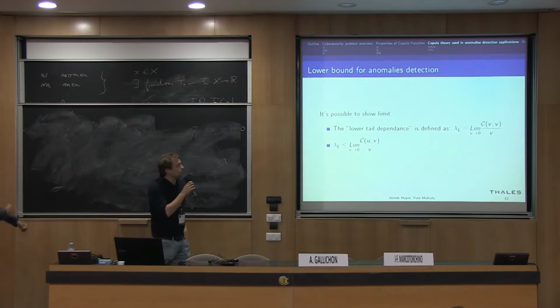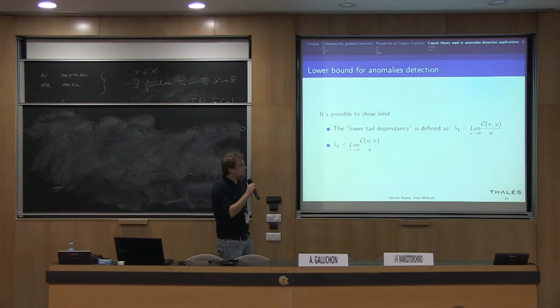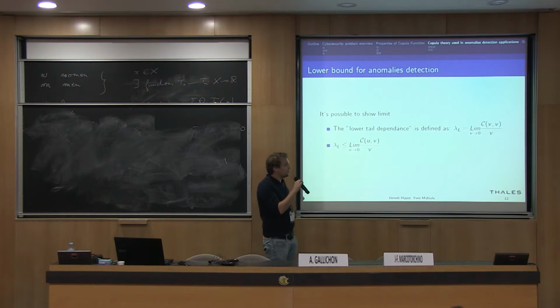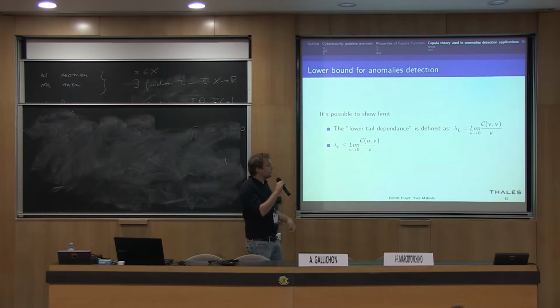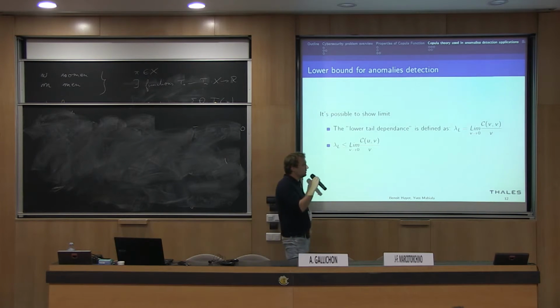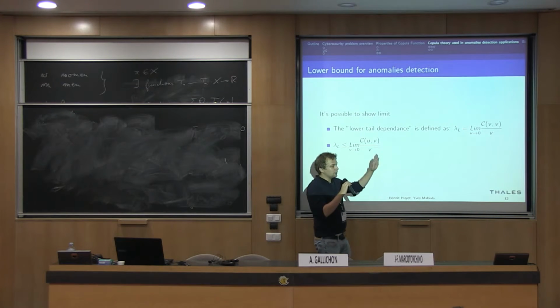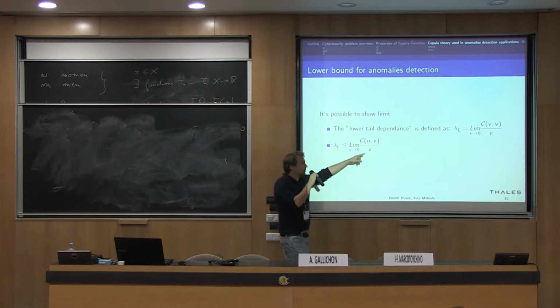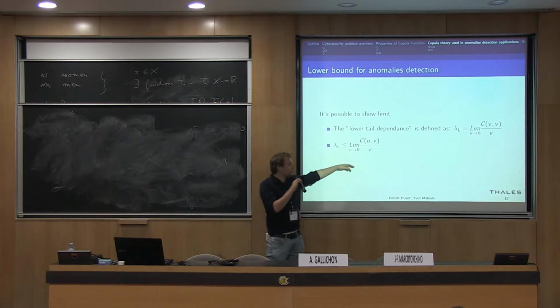So now I want to know if it's possible to have a lower bound on these probabilities. So I use the lower tail dependence ratio that's given by the limit at very infrequent events of the ratio between the joint probability on the first bisectrix and the probability.